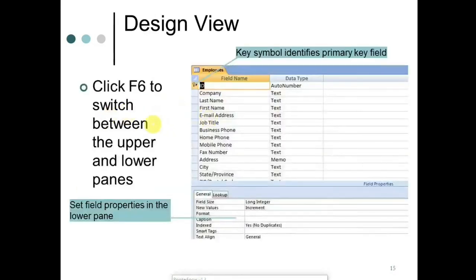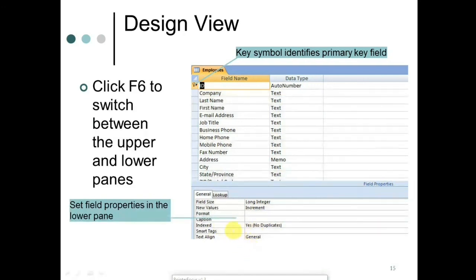This is the design view of MS Access. You can set your field name and its data type. For properties, you can set the field size, how many digits you want to enter in last name, first name, and also new values or format. You have some special formats, such as currency values for some countries. You can set all the field properties.